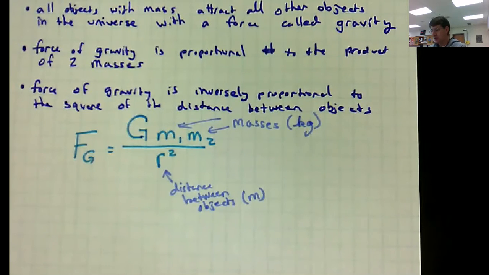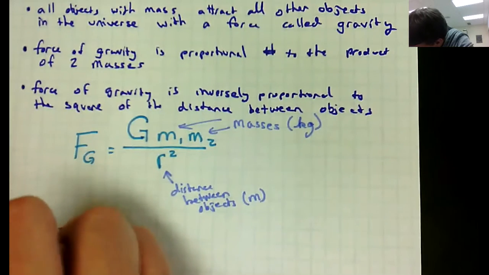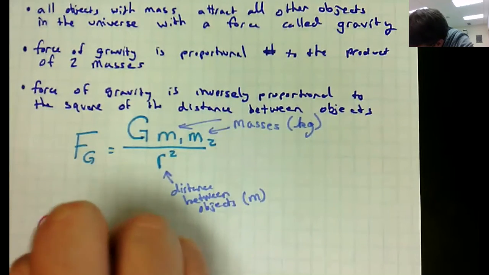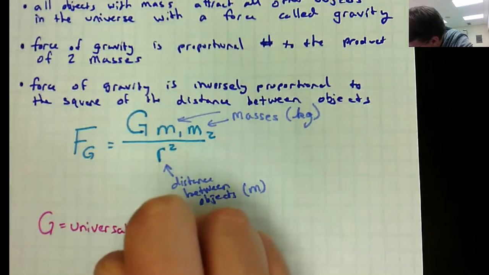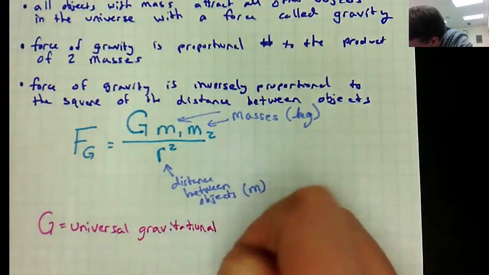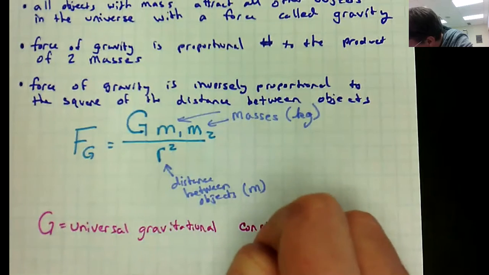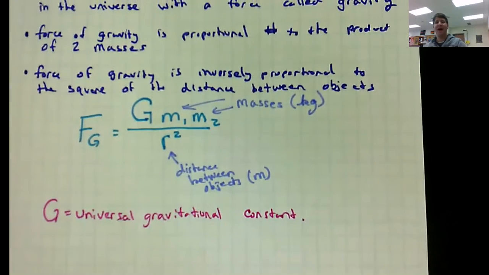This capital G is what is called the universal gravitational constant. And basically, it tells how strong gravity is. I'm going to tell you what the number is here in a second.